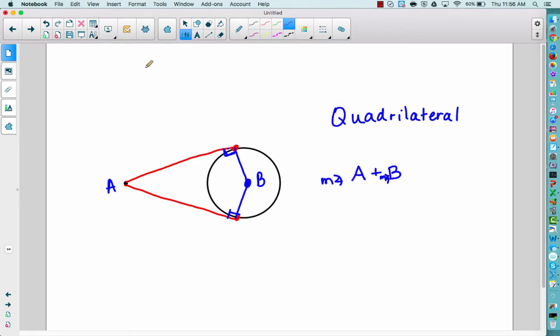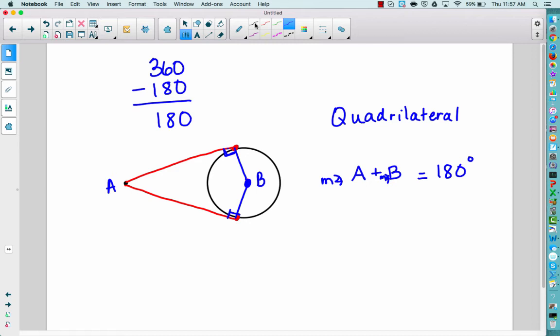Well, I hope you're saying that the 4 angles of a quadrilateral have to equal 360. And if I already have 2 that are 90 degrees, that's 180 degrees. That tells me that A plus B together have to equal 180 degrees.